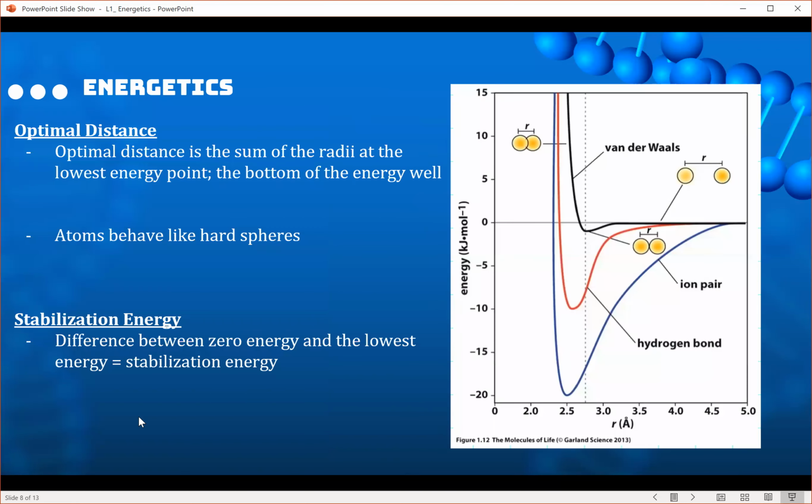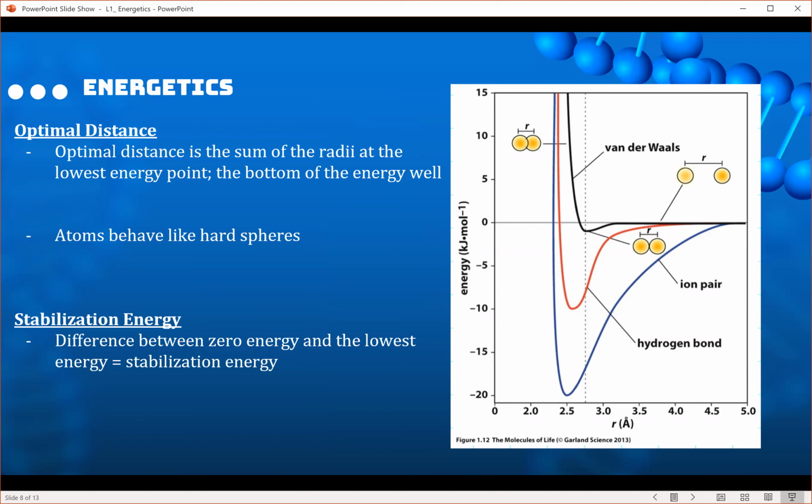So this brings us to the idea of optimal distance. Well, atoms, if we want to think of 3D structure, we don't want them too far, otherwise it's not stable, and we don't want them too close. It's also not stable. It's pushing too far apart. So this optimal distance is the sum of their radii at the lowest energy point. And again, like I said, this is a qualitative analysis.